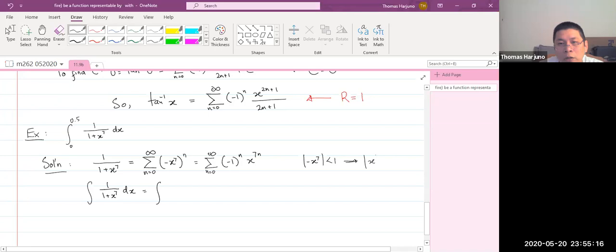So the radius of convergence is still 1. In other words, we can represent this function on the interval at least between negative 1 and 1, not including the endpoints. As long as your integral is done in this interval, you can use this power series representation.